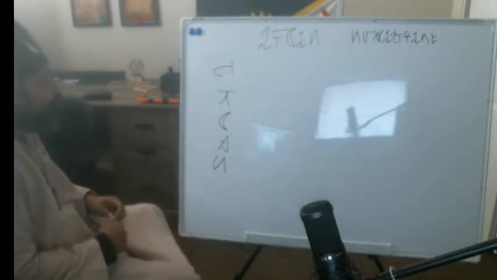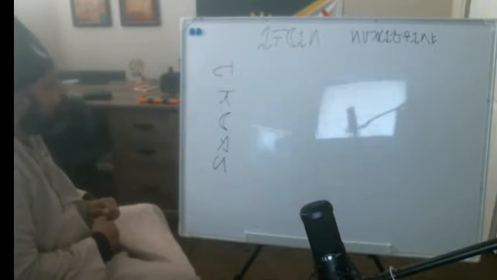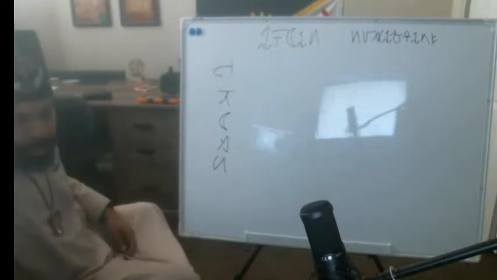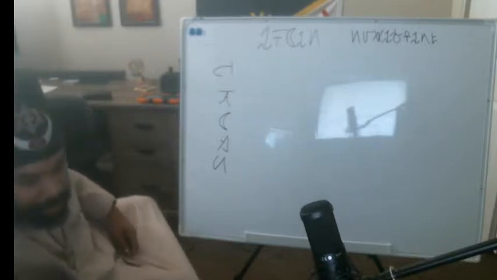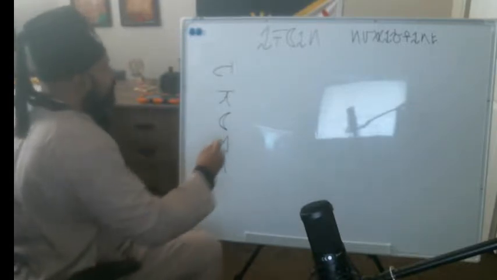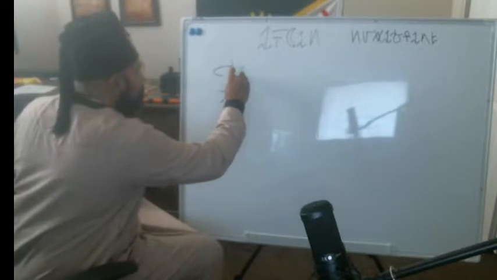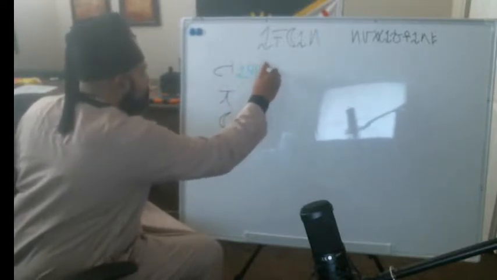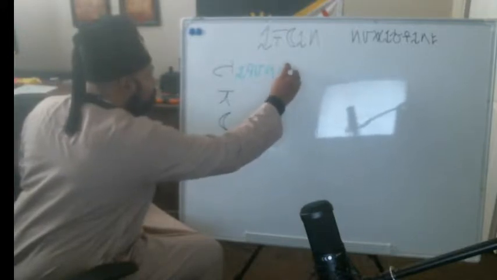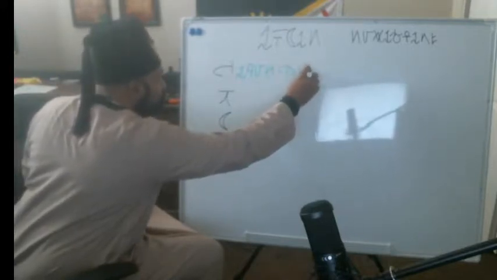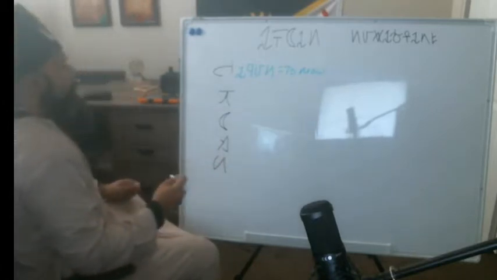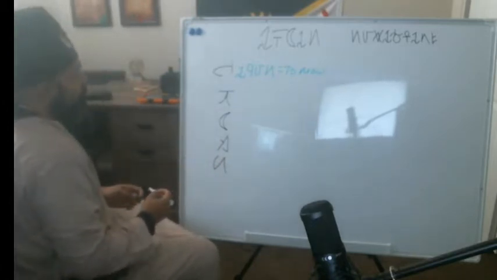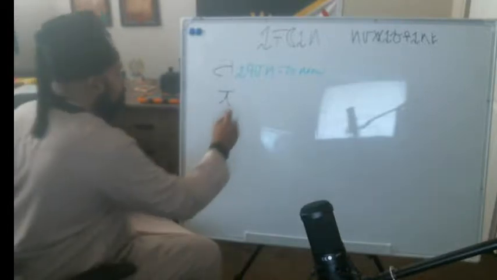Alright, so what are some words in Nuwabik that start with a J? I'll write the rest of it in green. I think I mentioned yesterday the word Jarun, and it means to mow, right? It means to mow. K, let's see, there's some words that start with K. We'll keep it simple.